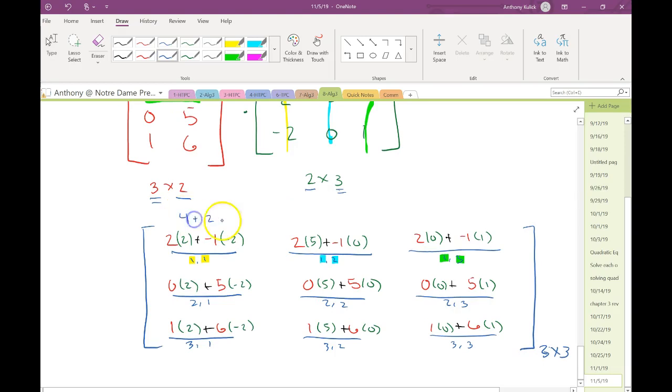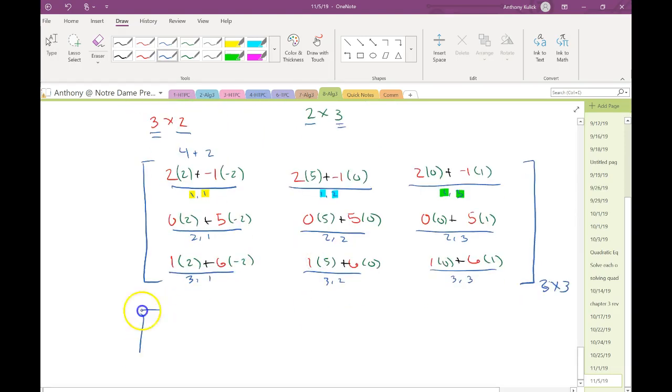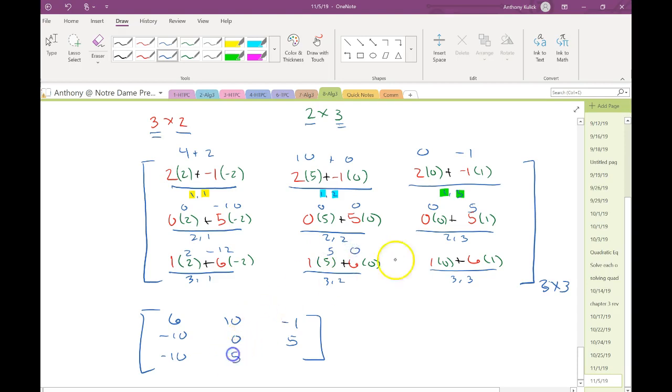So let's see, 4 plus 2, that's 6. 10 plus 0, that's 10. 0 minus 1 is negative 1. 0 minus 10 is negative 10. 0 plus 0 is 0. 0 plus 5 is 5. 2 minus 12 is negative 10. 5 plus 0 is 5.